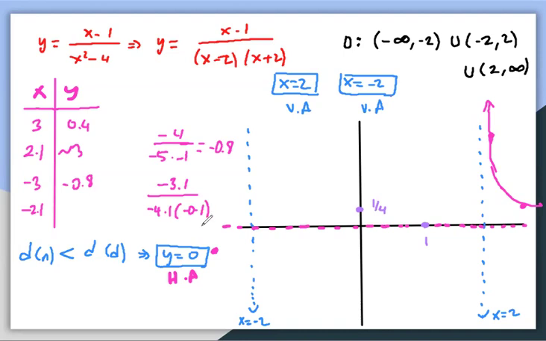So divide the 3.1 by 4.1, and then divide that by 0.1. So it looks like 7 point something, but since this is negative and this is positive, that should be negative 7 point something. So that will be approximately this number.